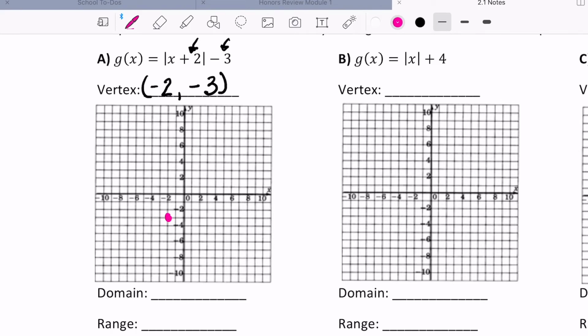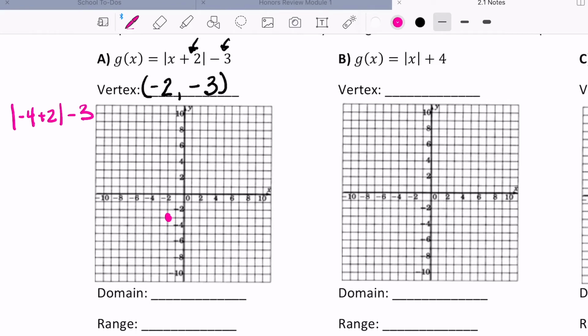Here's my vertex. Now, how do we find points on either side? Well, we're going to pick values and simply substitute for x. One x value to the left of my vertex is negative 4. So let's use negative 4, and I'm going to copy down my function, plugging in absolute value of negative 4 plus 2 minus 3. And remember, order of operations works the same with absolute value. You do what is inside the absolute value first, and then you continue on with the rest of the problem.